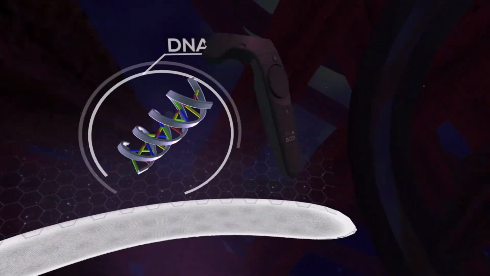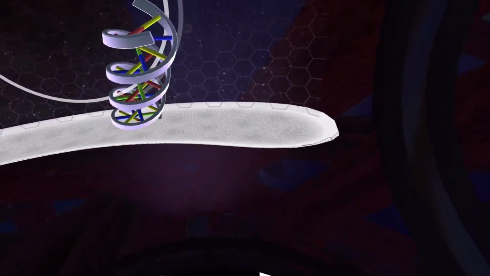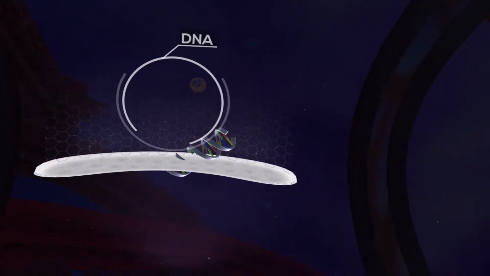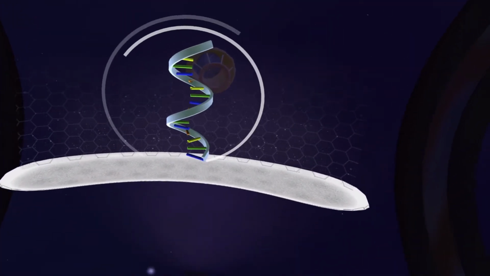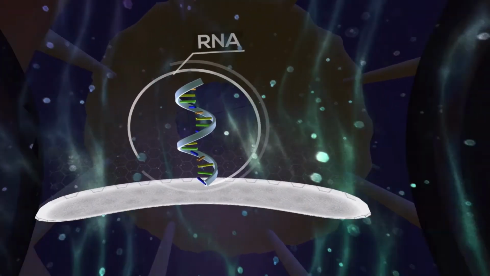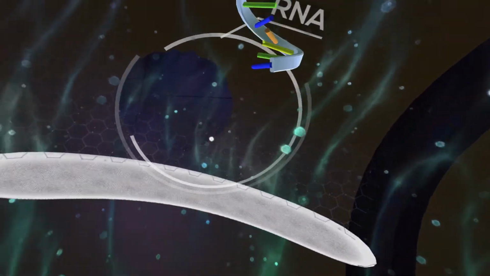The DNA contains instructions for protein synthesis. Let's follow a strand of RNA as it makes its way to the rough endoplasmic reticulum. Let's exit the nucleus through a nuclear pore.